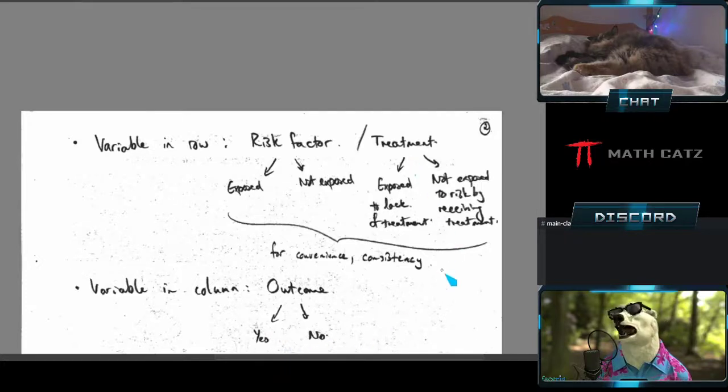Or if I receive a treatment, then the outcome could be testing for some illness. I either have it or I don't. Okay, so I have my risk factor making up the rows and my outcome making up the columns. You don't have to, but I find that if you keep flipping them around and shuffling where things go in my table, it just adds confusion for no benefit whatsoever.